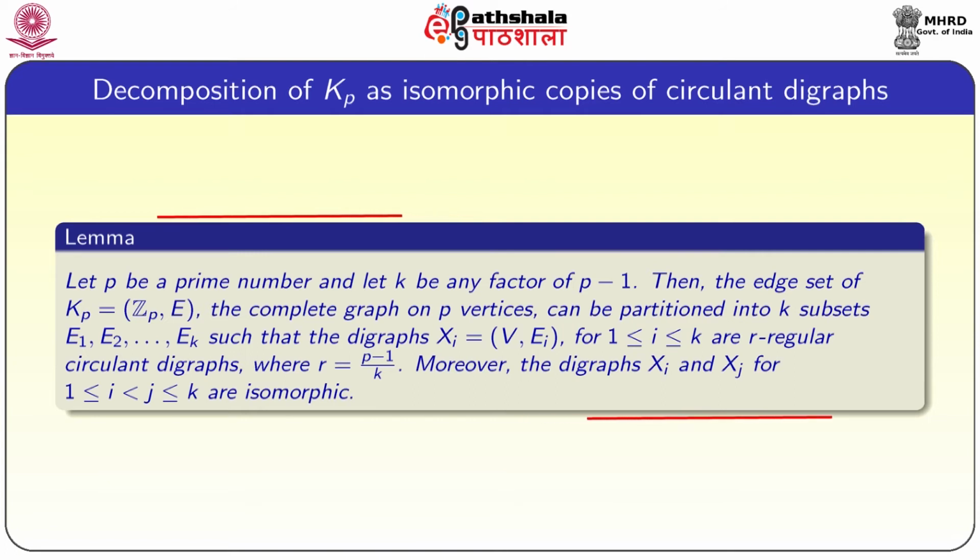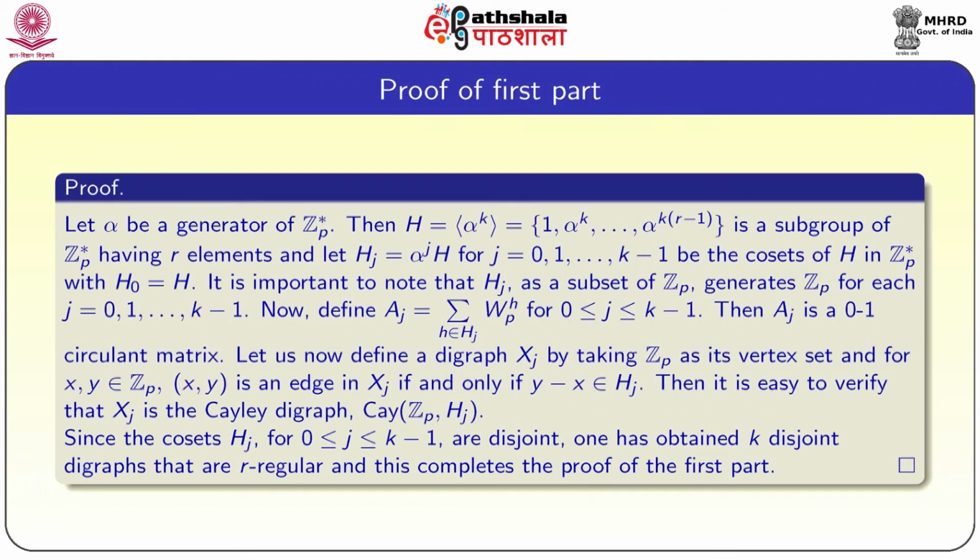Moreover, the digraphs Xi and Xj for 1 less than or equal to i less than j less than or equal to k are isomorphic. So, this contains two parts, we will prove them one by one.